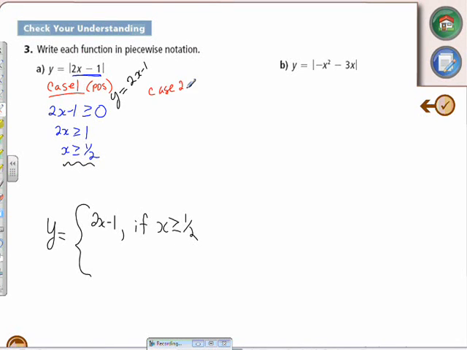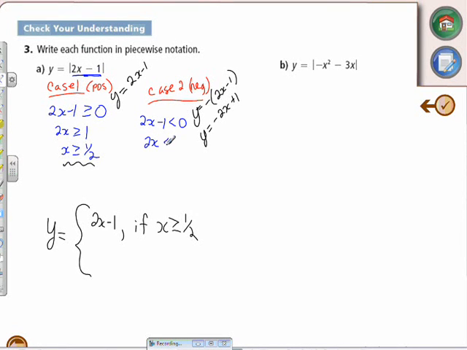Case 2, which is the negative case. What we'll have is y equals the negative bracket 2x minus 1, the negative part of the graph, or y equals negative 2x plus 1. This happens when what's inside there, 2x minus 1, is less than 0.